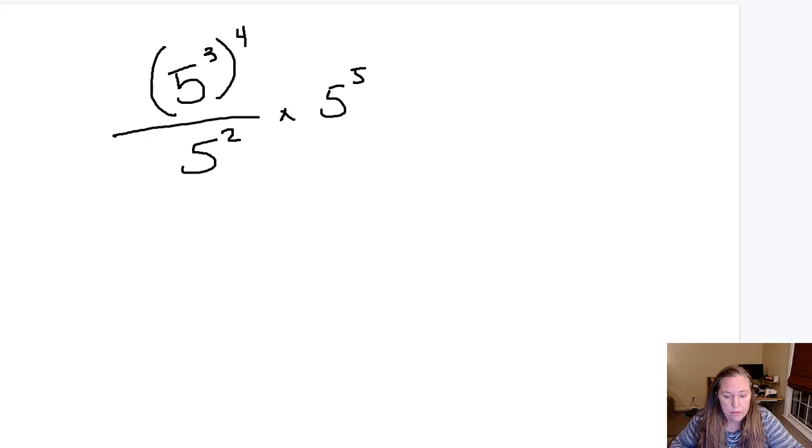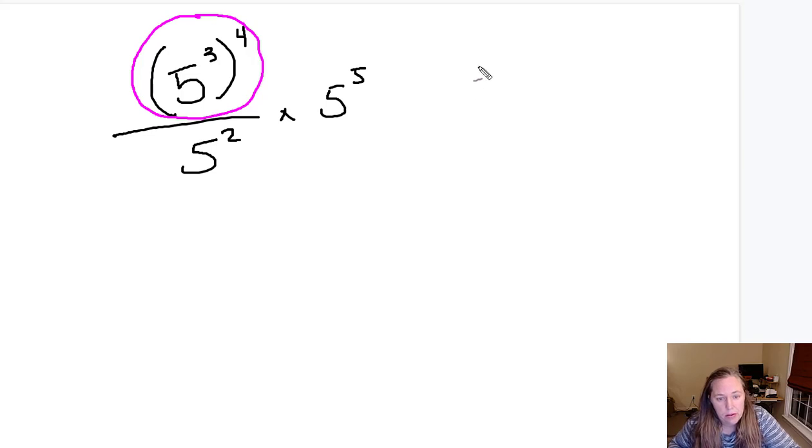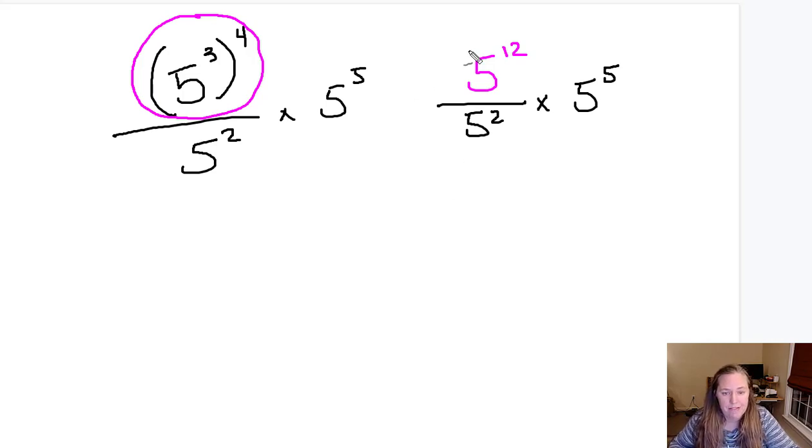I'm going to do 5 to the 3rd to the 4th first. So that's power of a power. So I'm going to multiply exponents. So that's going to be 5 to the 12th over 5 to the 2nd times 5 to the 5th. Next, I'm going to divide like bases right here. So I'm going to subtract exponents.